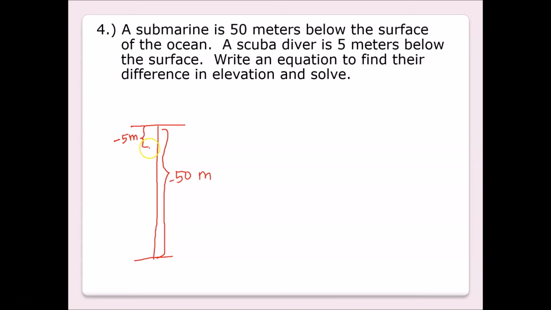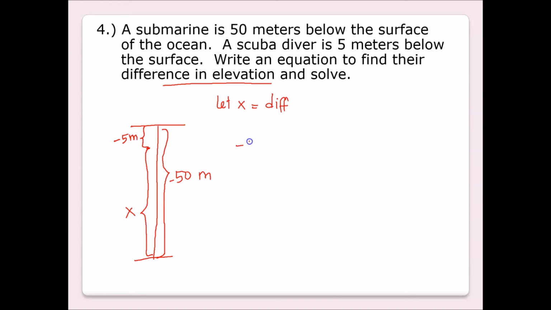Meaning we need to get the distance, the difference from here till the bottom. Let's denote that one as x. So we let x be the difference in the elevation. Since we need to find a difference, we need to subtract the total and the scuba diver's distance.